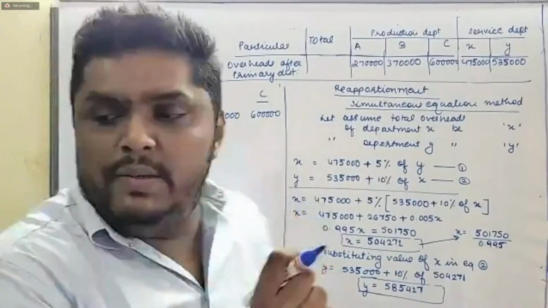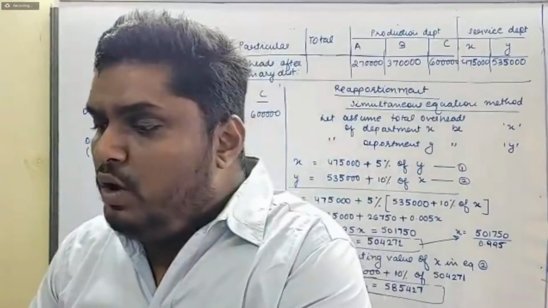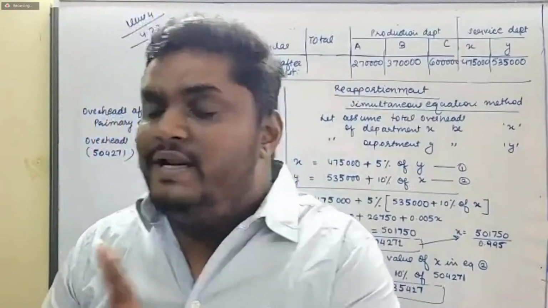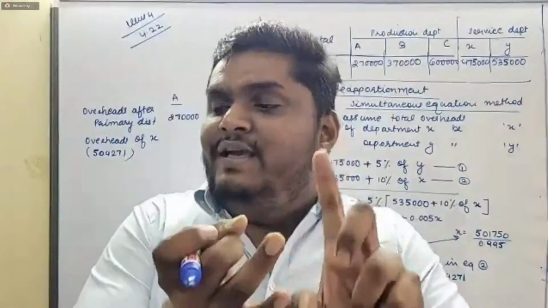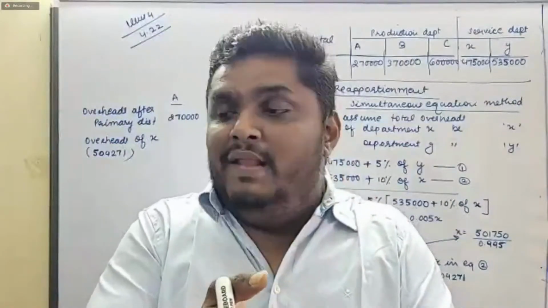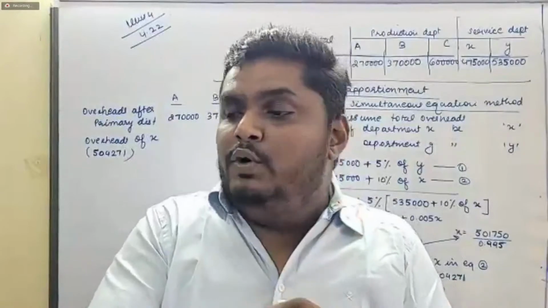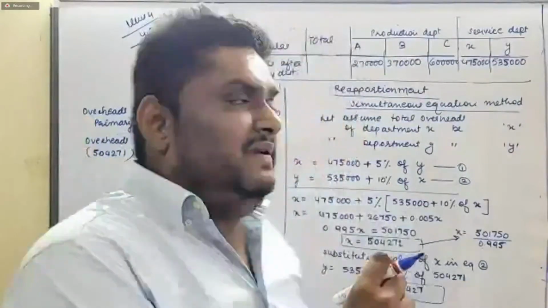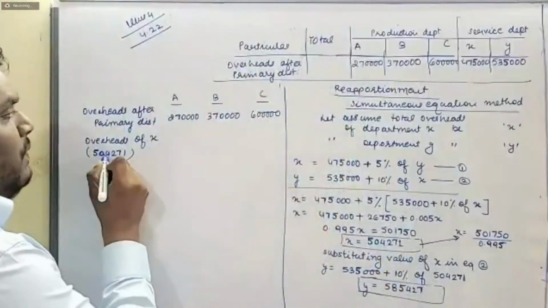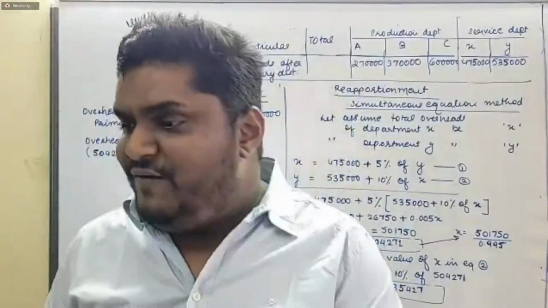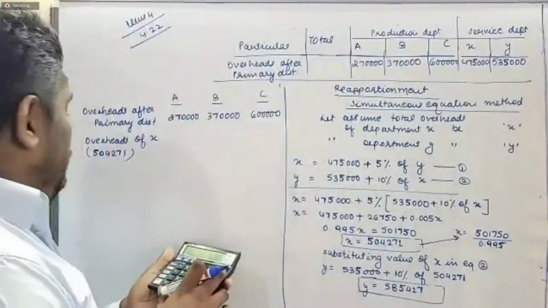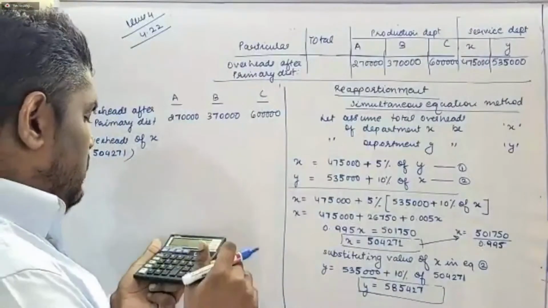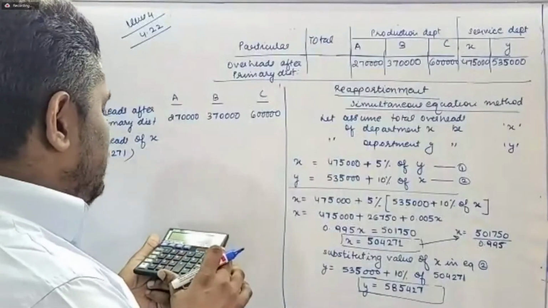Now this is to be distributed in the ratio of 45:15:30. I repeat again, this is to be distributed as 45%, 15%, and 30%. So 45% of 504,271, that is 2269.